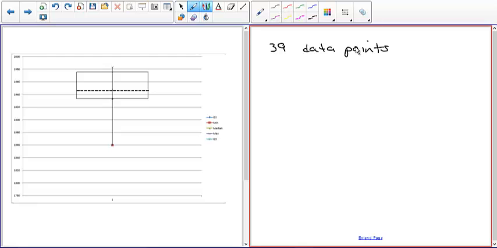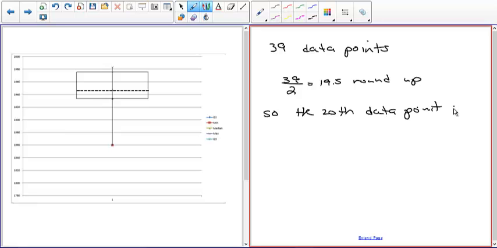Remember what we did before: if it was an odd number, to find the median, we take 39 and divide by 2, which is 19.5, and you round up. So the 20th data point is the median.